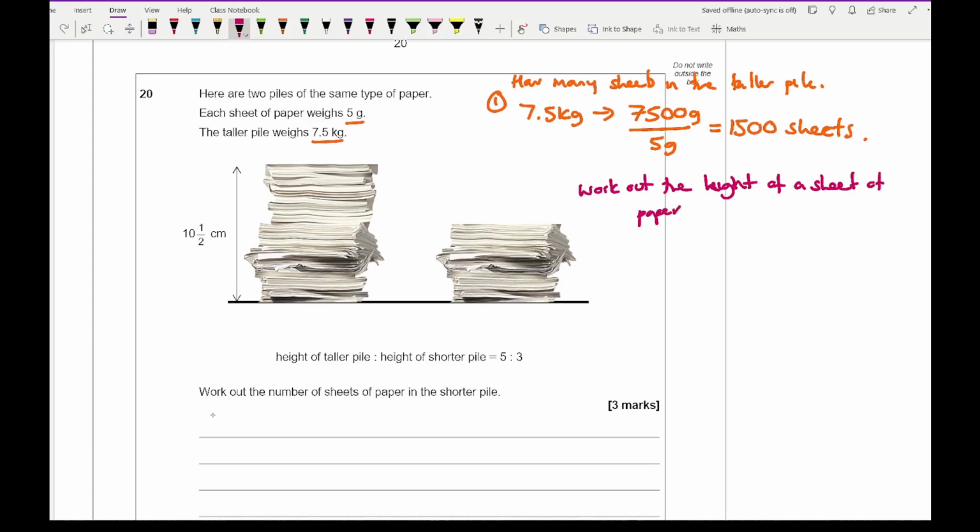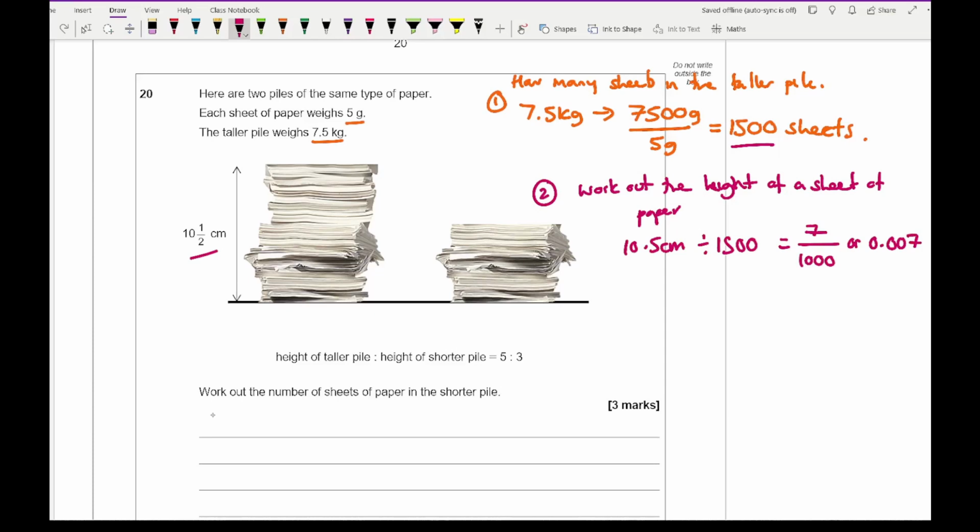Now to do that, let me just write number 2 there. So here I've got the total height of 10.5, and I know that there are 1,500 sheets in there. So if I divide that by 1,500, I get an answer of 7/1000, or 0.007. So that's the height of 1 sheet of paper.